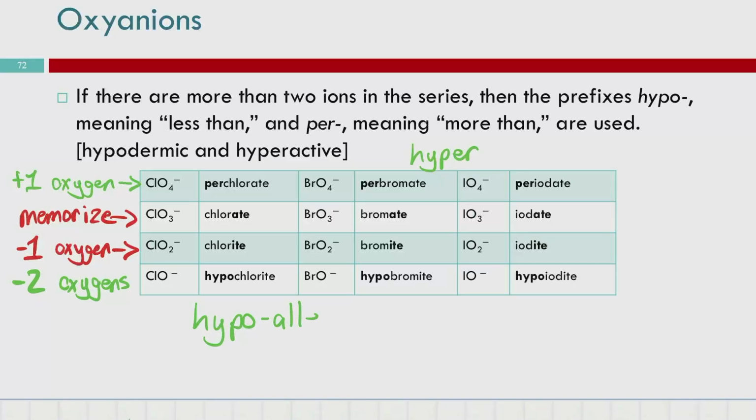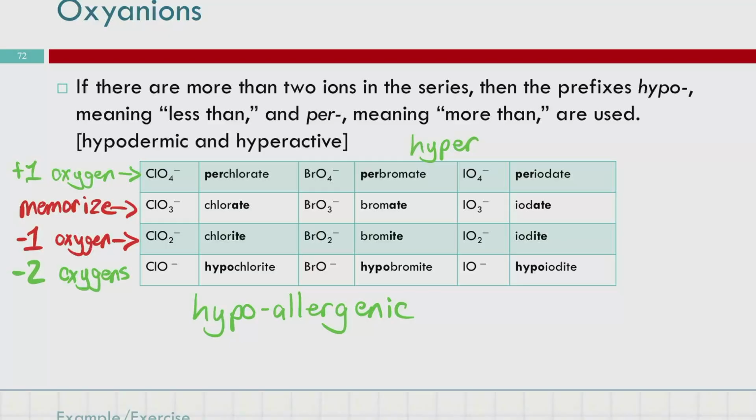Hypo, like in hypoallergenic, which is supposed to produce less allergens and cause less allergic reactions. You also have a table on your green sheet that has these rules on it in reference to the ATE endings. So combine the oxyanion table at the top and the little table to do this stuff, and you can come up with all of our oxyanion options.